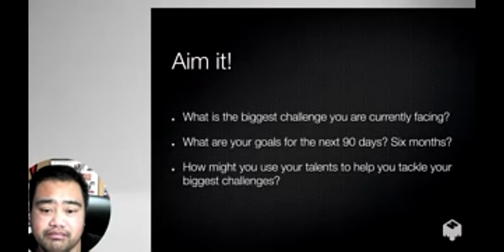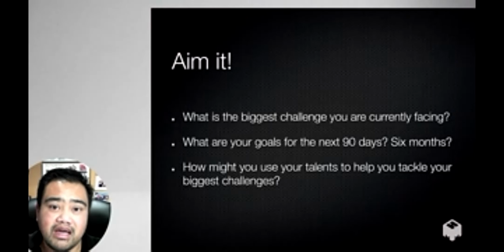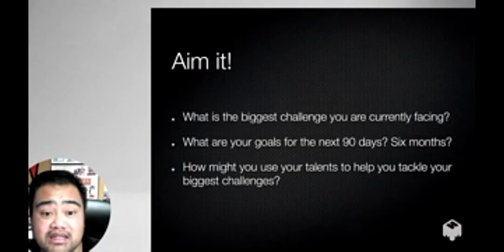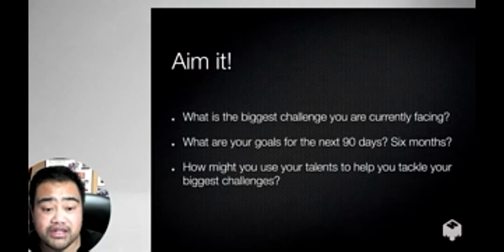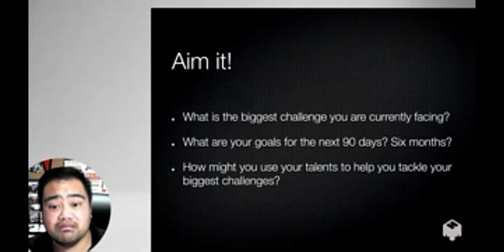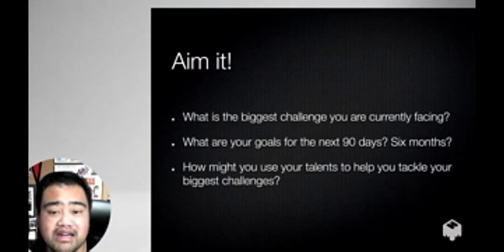Finally, aim it, okay? When we think about aiming, the idea is taking your signature theme and using it towards setting a goal, right? So to give you some context, here are 3 questions to ask. 1, what is the biggest challenge you're currently facing? 2, what are your goals in the next 90 days, next 6 months, next 18 months?